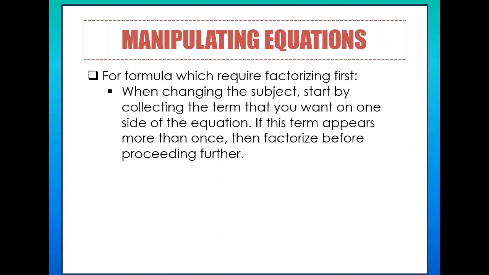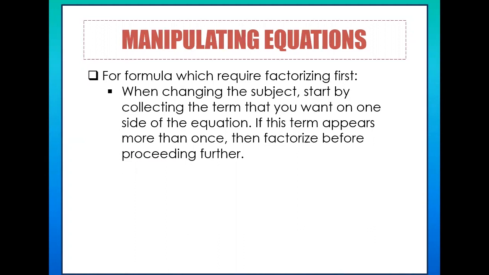We have to collect them because there are chances that the variable that we have to make the subject of the formula is more than one. Okay, we have to collect them on the left-hand side of the equation to easily work with them. If this term appears more than once, then factorize before proceeding further.